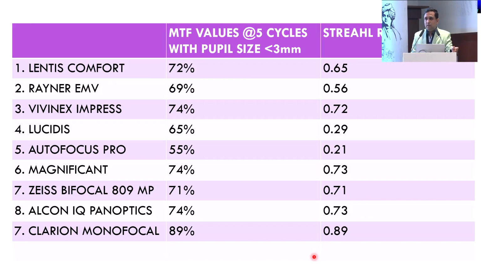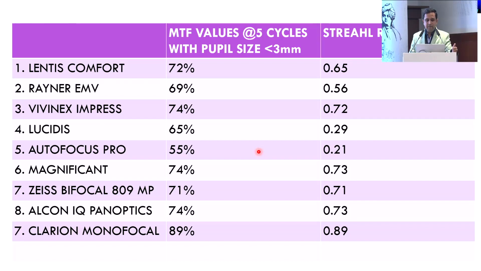Now to conclude, these are a few of the lenses which I tried on 2 parameters. One is MTF, that is contrast, and another is Strehl ratio. And as Dr. Sourabh said, what I found with increased add in the EDOFs, for example Lucidis or Autofocus Pro, those EDOFs which have higher central add, like 3.25 or 2.75, show dramatically less contrast, and at the same time their Strehl ratio is also worse, meaning not near to 1.